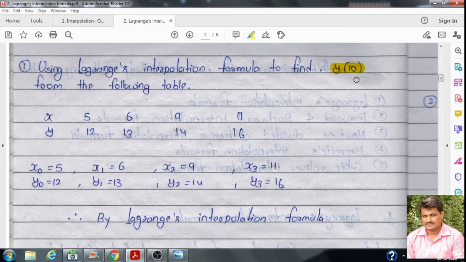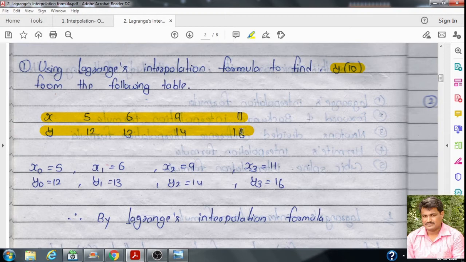To find out y of 10 means to find out y at x equal to 10 from the following table. In the table, in the first row we have given the values of x. In the second row we have given the values of y. Then we can define, this is x0, this is x1, this is x2, this is x3. And corresponding values of y are y0, y1, y2 and y3.